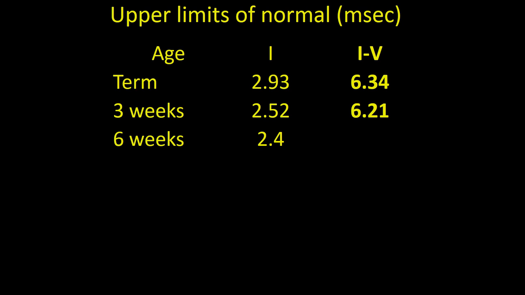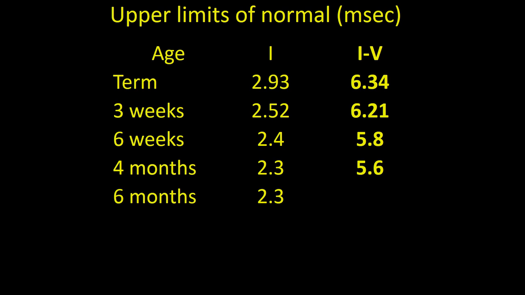At 6 weeks, the latency to 1 should be 2.4 milliseconds or less, and the interpeak latency from 1 to 5 should be less than 5.8 milliseconds. At 4 months, the latency to 1 should be less than 2.3 milliseconds, and the 1 to 5 interpeak interval should be less than 5.6 milliseconds.